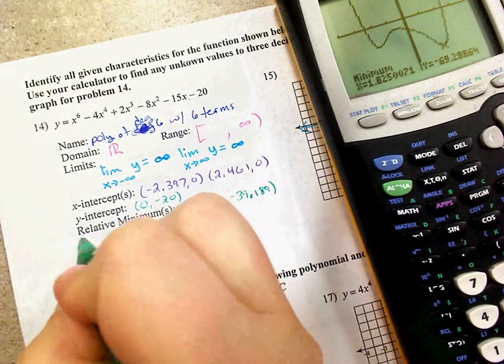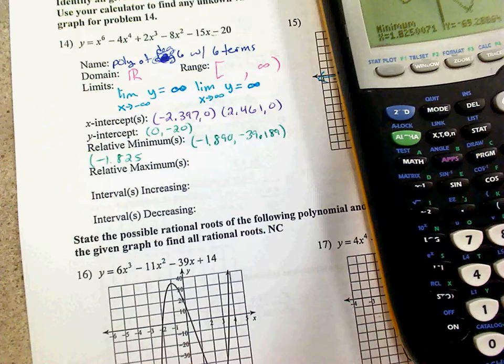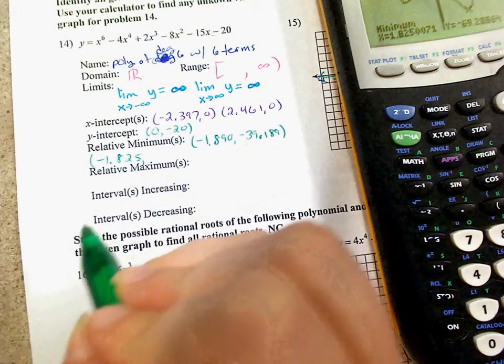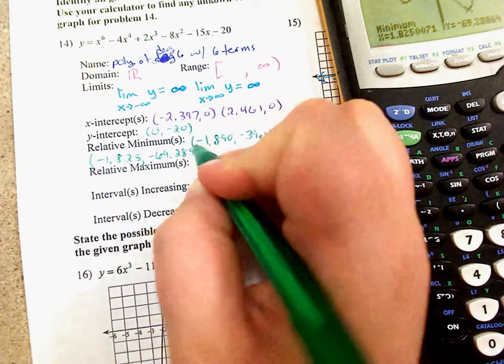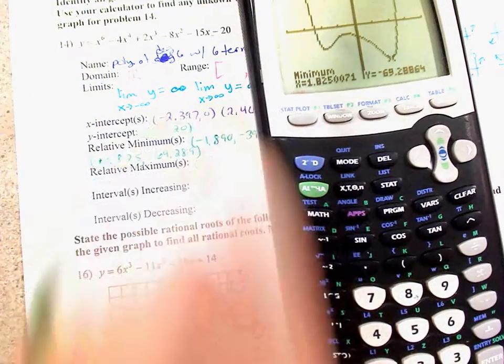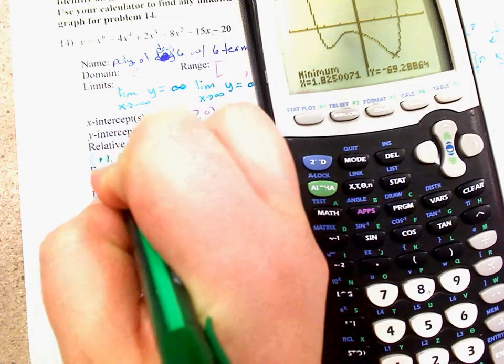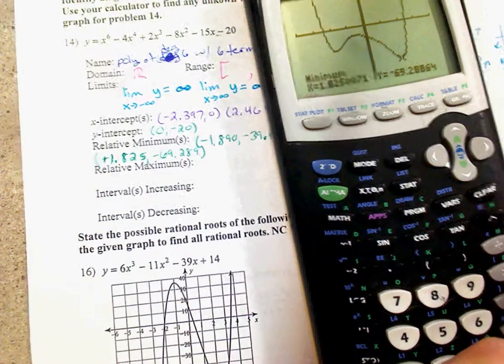So negative 1.825 and negative 69.289. I was just kidding. So it's positive 1.825. My bad. Okay. And then relative maximum.